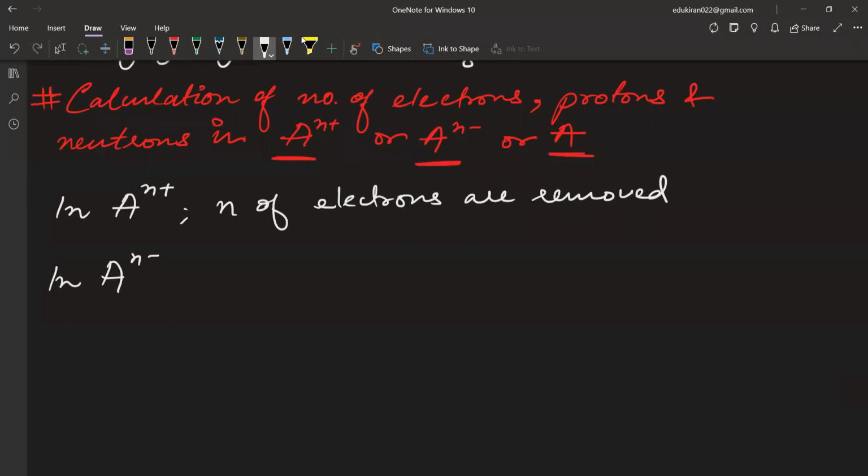In A to the n minus, n number of electrons are added.